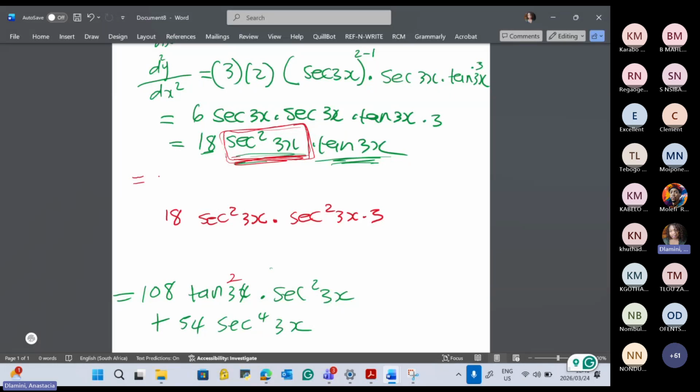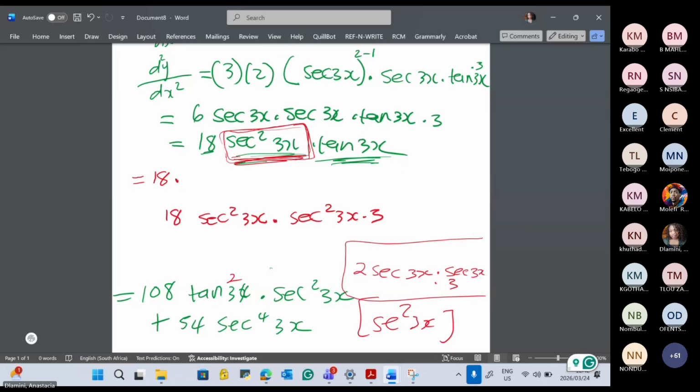So we have 18 times 2. Can we differentiate sec squared 3x on the side? What do we get? We get 2 sec 3x times sec 3x times 3. Is it true?